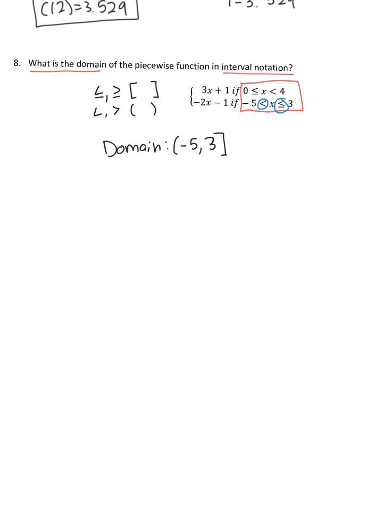And then my domain is going to jump. I'm going to have an area in my graph that is not defined. So you're going to put a union symbol, and I'm going to go bracket 3 because it's included, to 4. And the 4 is going to get a parenthesis.